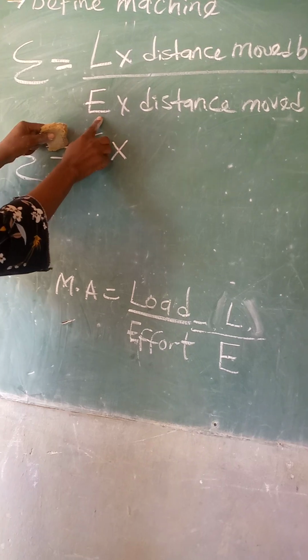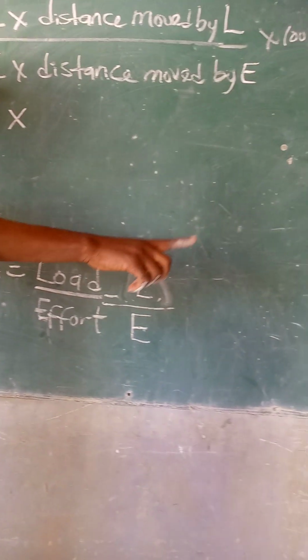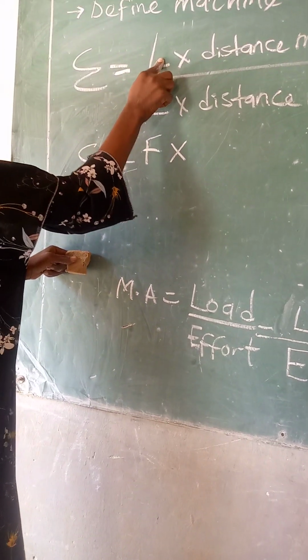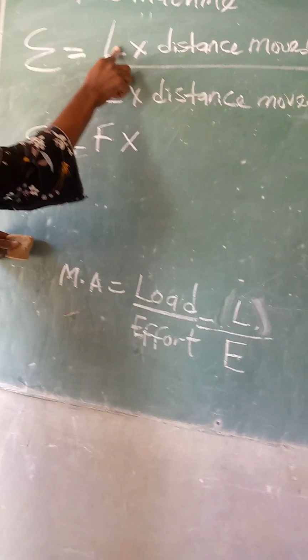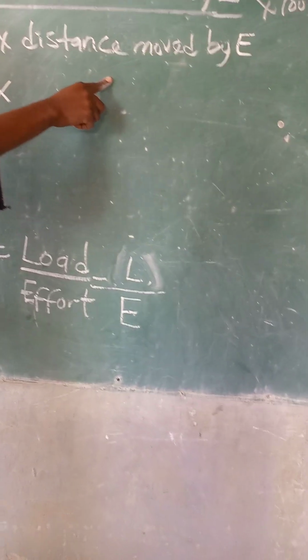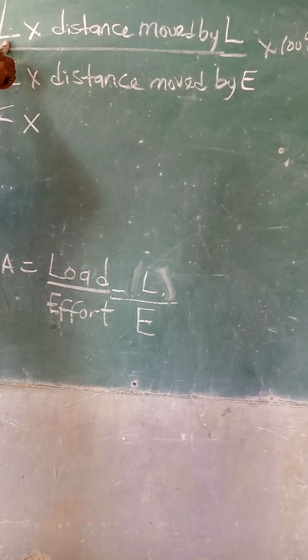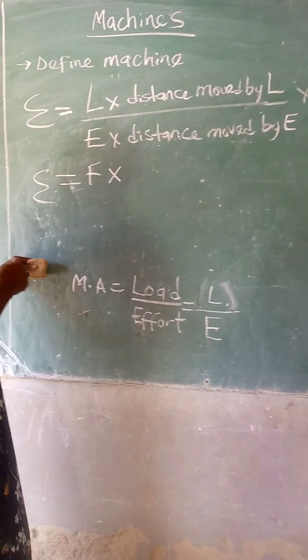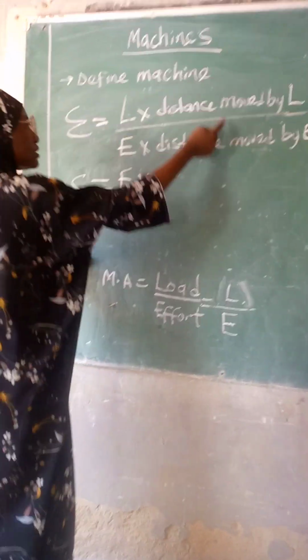Let's use the machine terminology. I told you that force is seen as load and effort. So our force will be load for work output, and our effort will be the force for work input. So we still have force times distance.